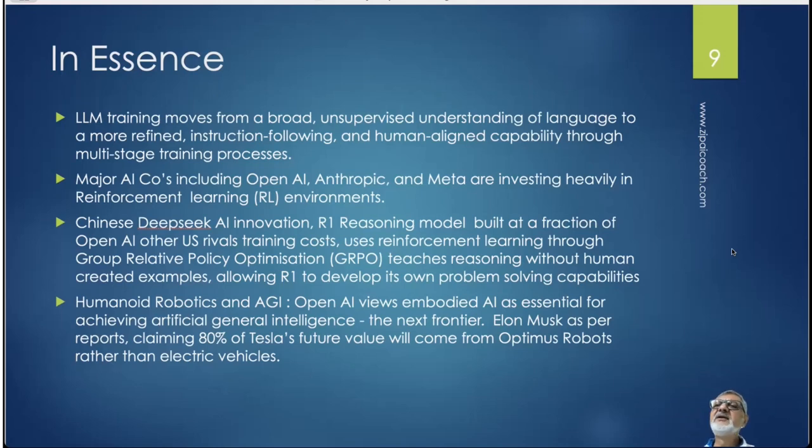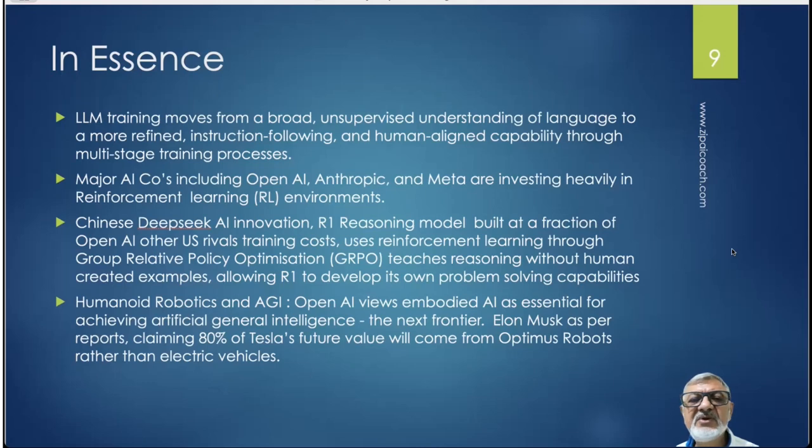AGI is the next phase of agentic AI, adaptive artificial general intelligence. The model learns on its own, and the model is embodied in humanoids, like humanoids working in the factories and replacing human beings.